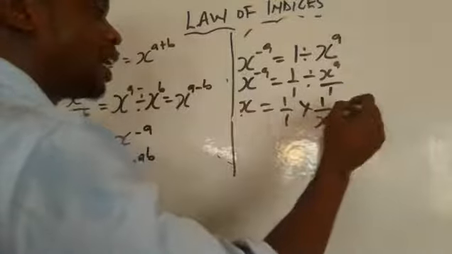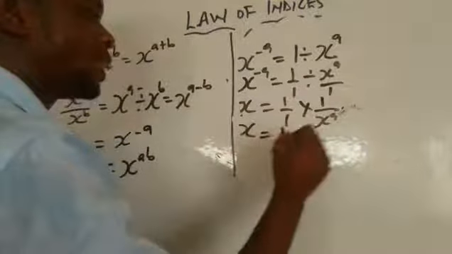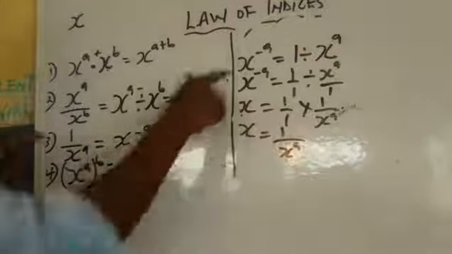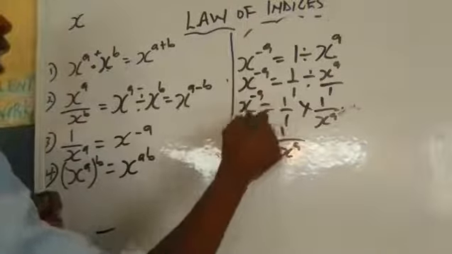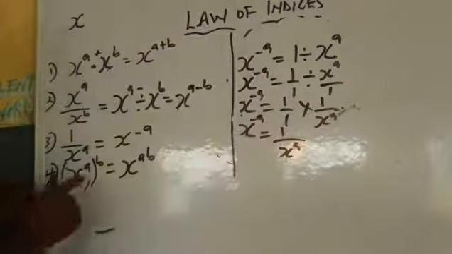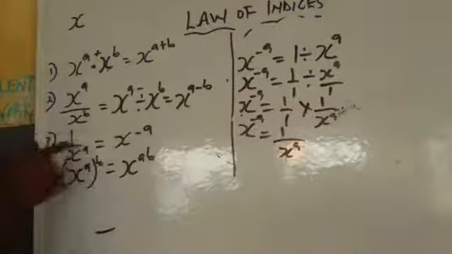Then your final answer is x equals 1 times 1 over x^a. You can see from here that we can prove that x raised to power minus a equals 1 over x^a.